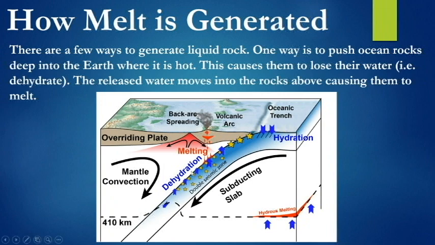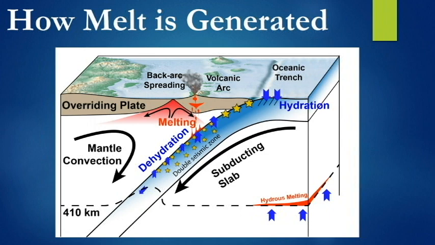It causes them to melt, and that melt moves up and forms volcanoes. That's called dehydration melting. That's one way that melt on Earth is generated. And here is the diagram again, much bigger. So yeah, that's one way that melt can be generated. It's dehydration melting, and it's a dehydration of minerals that were originally hydrated from water on Earth.